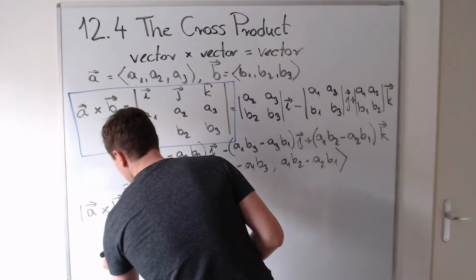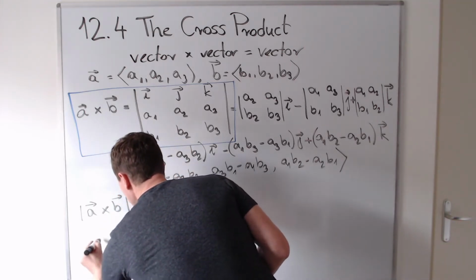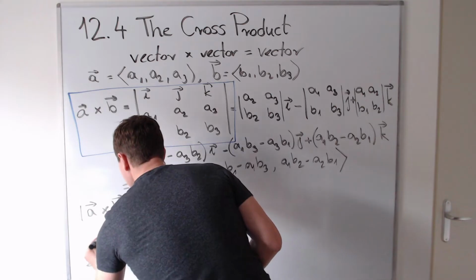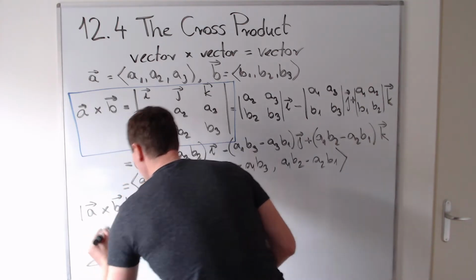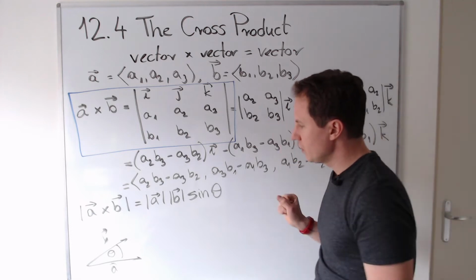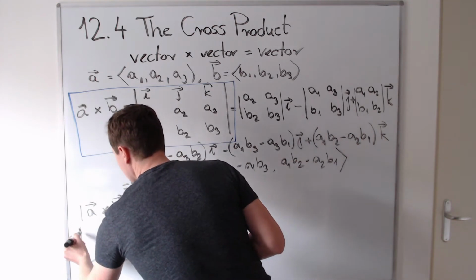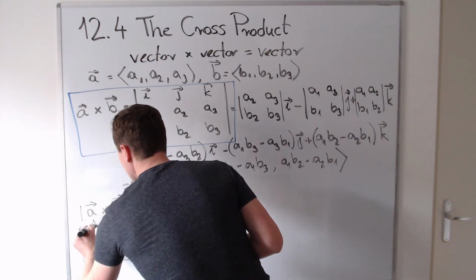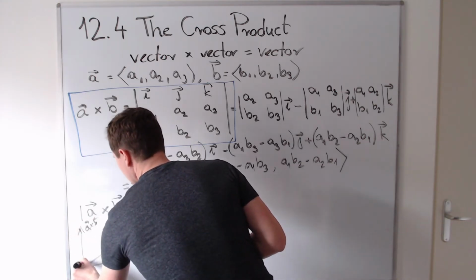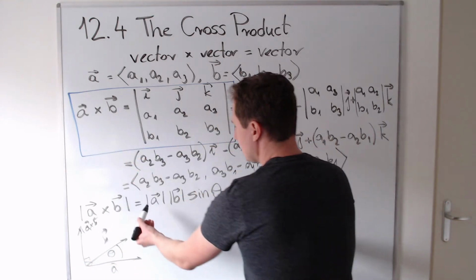So remember again, if I have A and B as these vectors and the angle between them is theta, then this is the length of the cross product. So the cross product, of course, will be perpendicular to both of these vectors. So A cross B would be something like this, perpendicular to those two vectors, and its length is given by this formula.